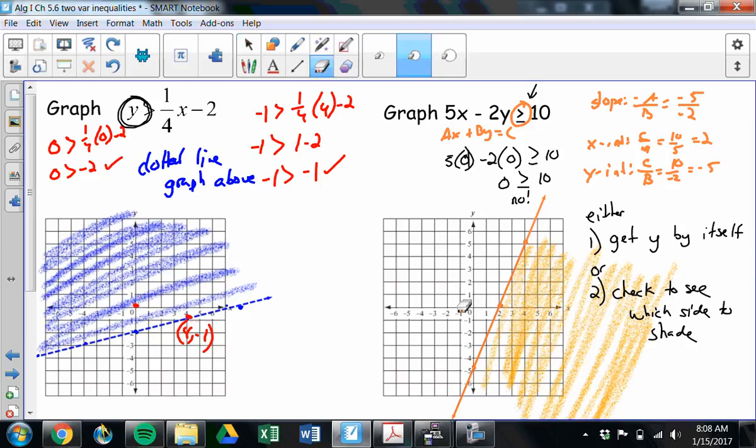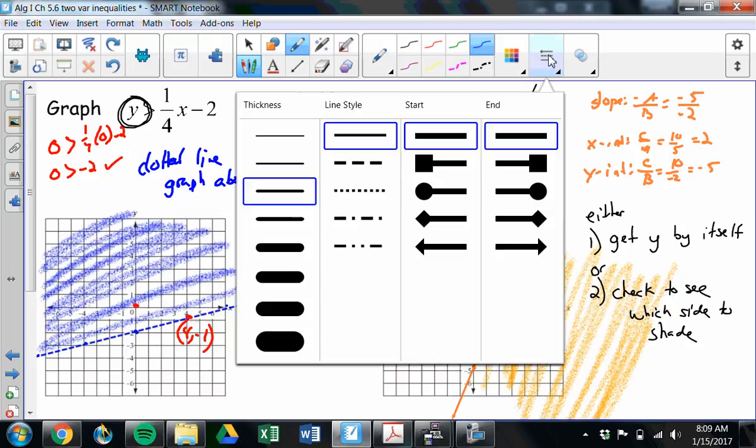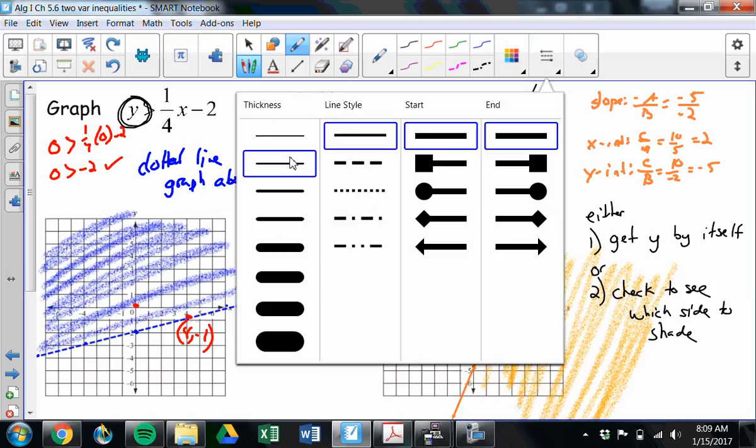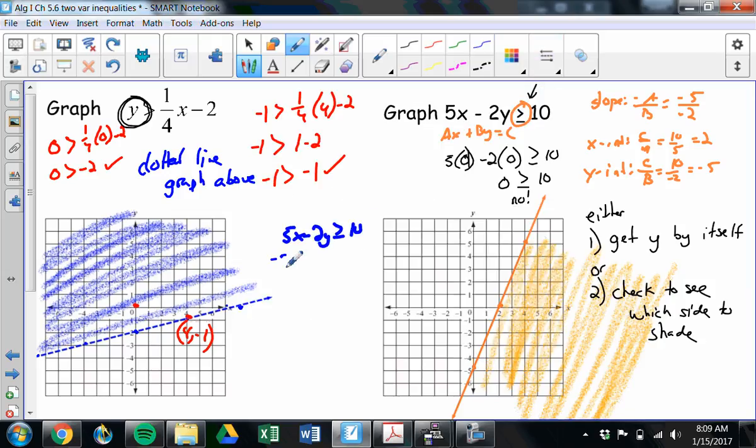And let me show why this happened. Maybe you've already kind of caught on to this, but if we were to solve this, 5x minus 2y is greater than or equal to 10, for y, we would subtract 5x from both sides and get -2y greater than or equal to -5x plus 10. Then we would divide everything by -2. And in the process of dividing by -2, the inequality would flip.